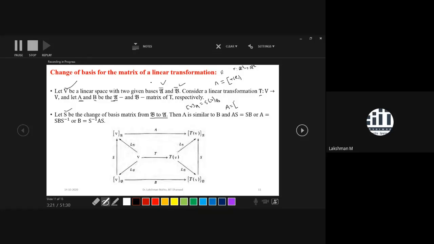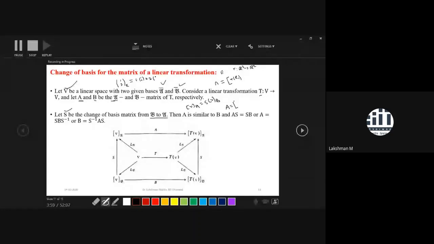The coordinate of (1, 2) with respect to the standard basis E says one lot of the vector along (1, 0) and two lots of the vector along the (0, 1) direction. That's the meaning of the coordinate of a vector with respect to a standard basis.